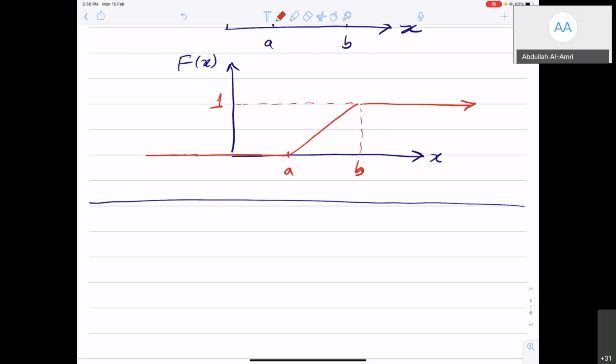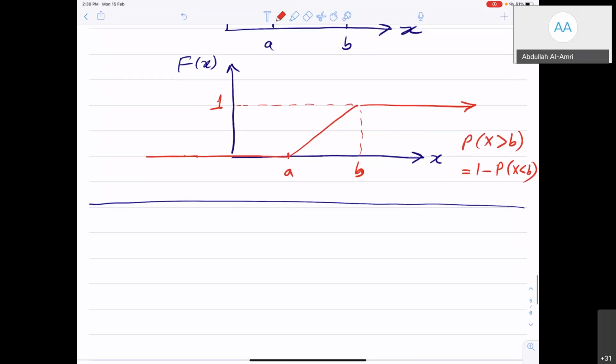You tell me, what's the probability of X greater than B? It is 1 minus the probability of X less than B, right? Which means 0. 1 minus F of B is 1 minus 1, which is 0, right? Yes, that's why I asked this question, because I saw you solved it in the previous lecture, but I didn't understand why. What does that conceptually mean?